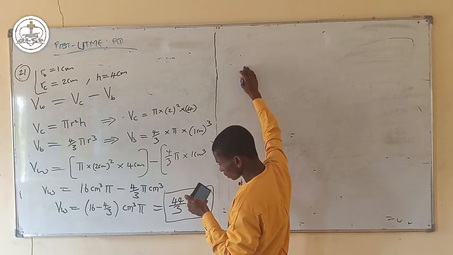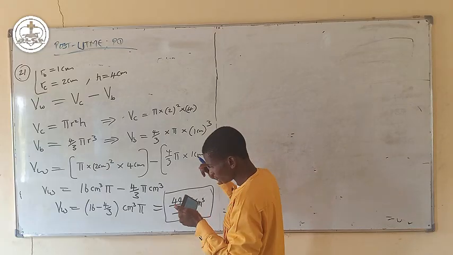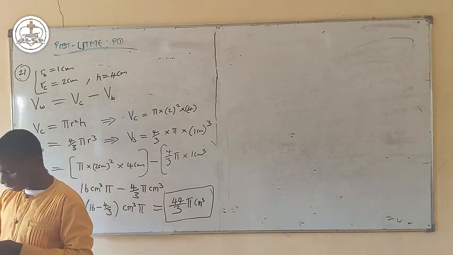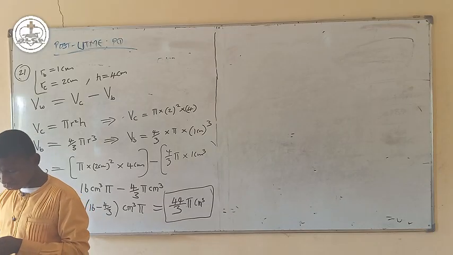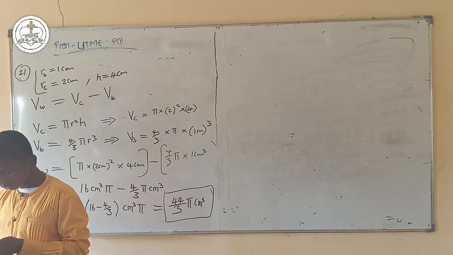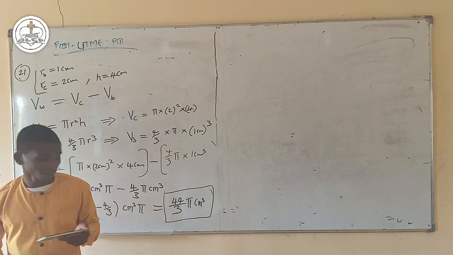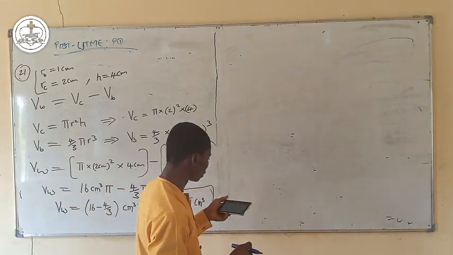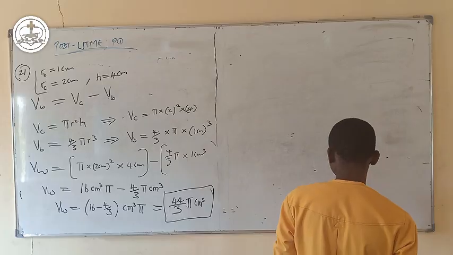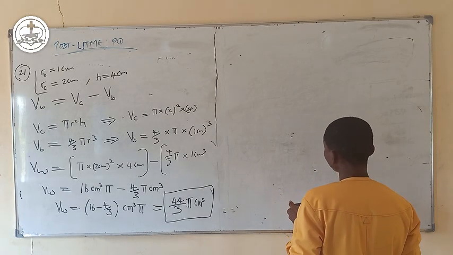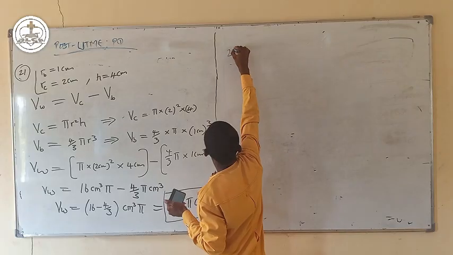Then our next question: find a 2-digit number such that 3 times the tens digit is 2 less than twice the unit digit, and twice the number is 20 greater than the number obtained by reversing the digits. They say find a number. Okay, that's 29.